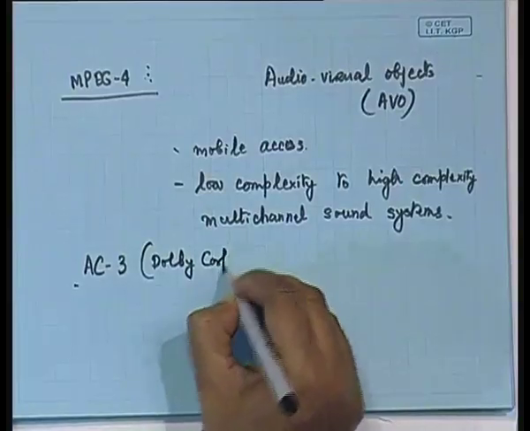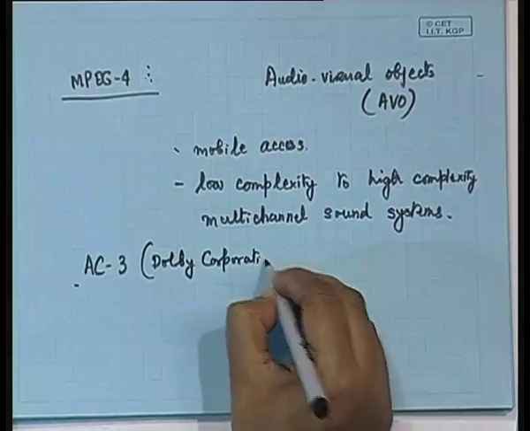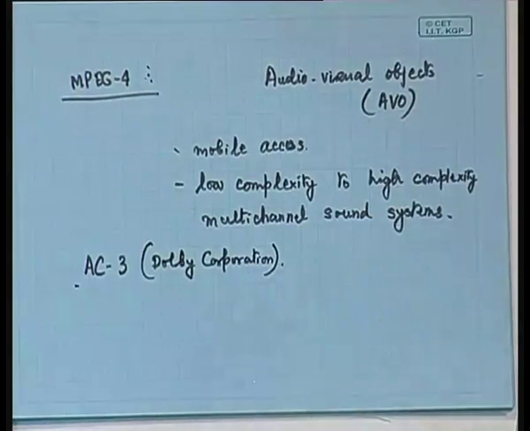You must have heard about Dolby Corporation, because they are the international leaders in high fidelity audio systems. In fact, you will find that the major advanced movie theaters use the Dolby sound system, and the high end musical equipment in the commercial electronics domain all follow the Dolby quality of sound.